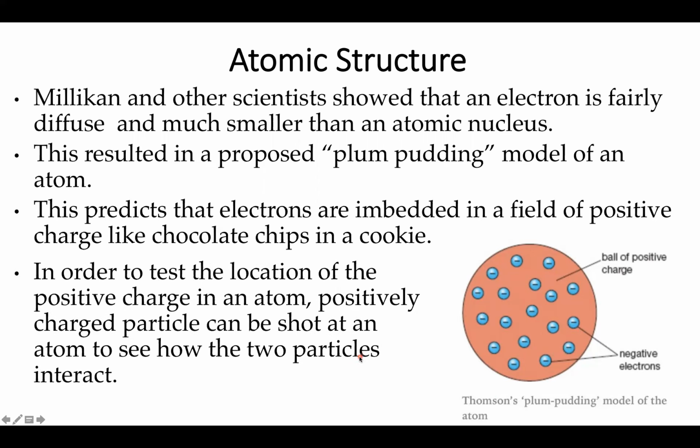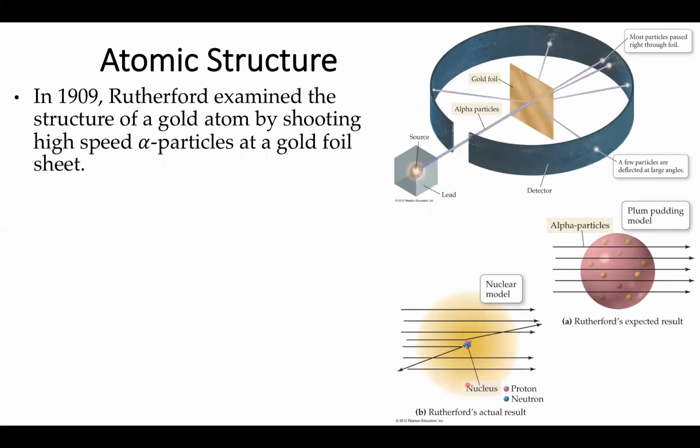However, in order to test the exact location of the positive charge, one of the things that you can do is shoot a positively charged particle at this atom and see how those positive charges interact. So 2 years after Millikan, Rutherford essentially constructed an experiment where you have a radioactive source which emits an alpha particle at essentially gold foil.